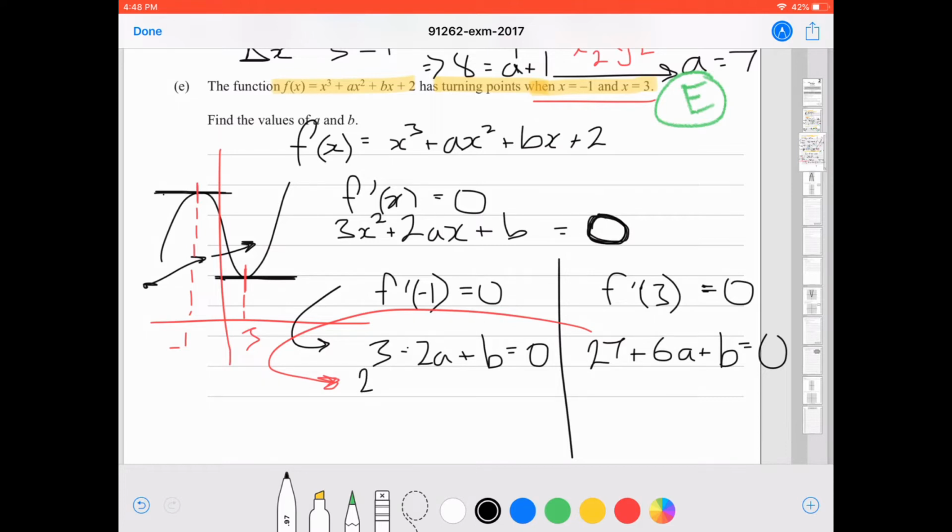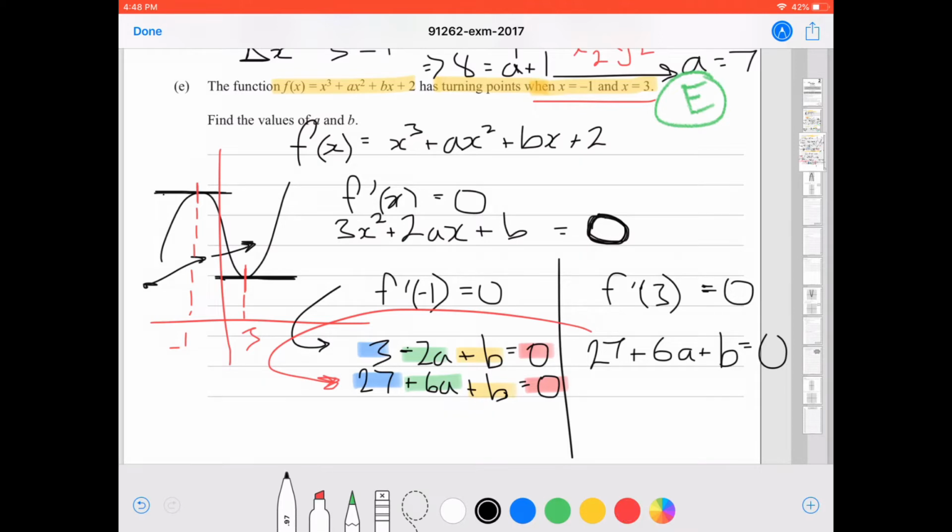So we can say 27 plus 6a plus b equals 0. Okay, so you'll see I've aligned the two equations vertically. So you've got your 3 and your 27, you've got your a's and your b's, and they both equal 0.